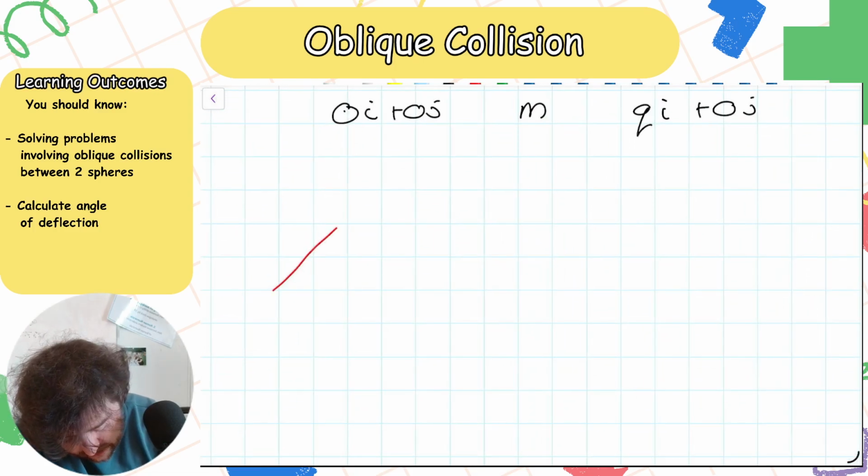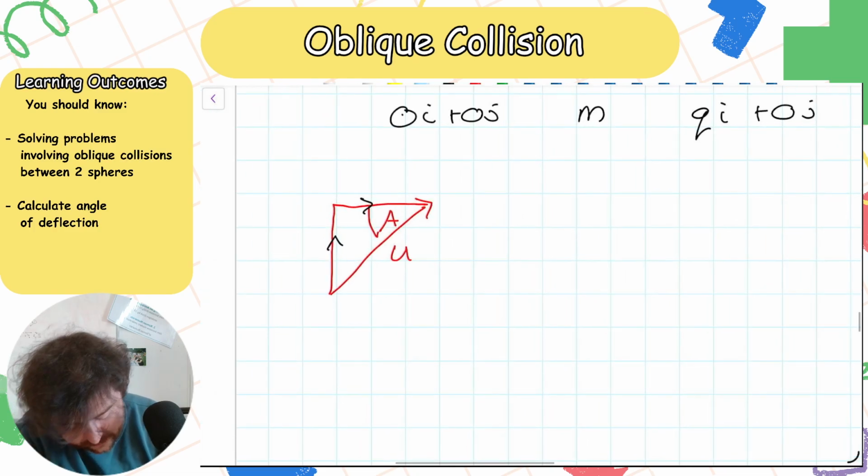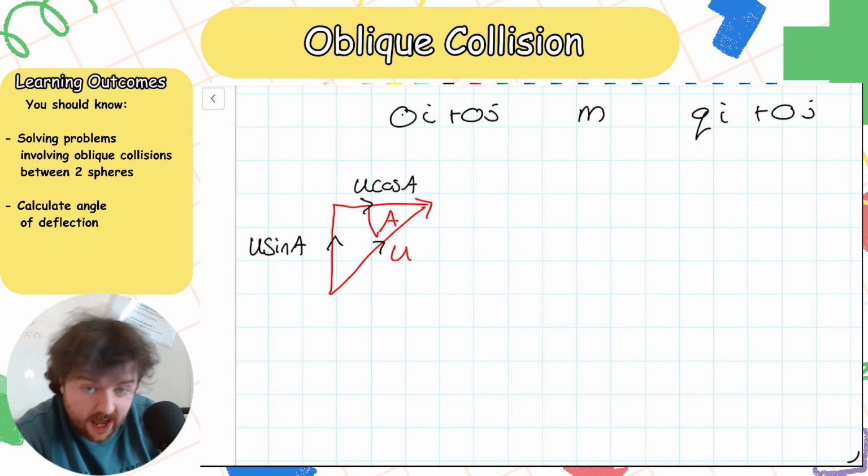It is moving at a speed u, at angle A, so these are my i and j components. This would be u sine A, and this would be u cosine A.